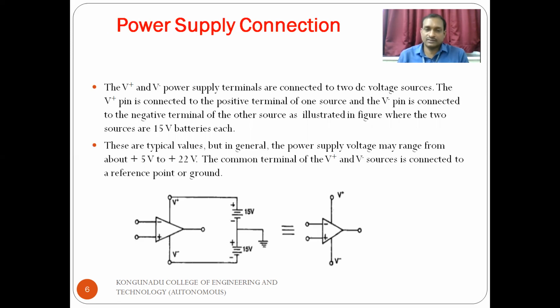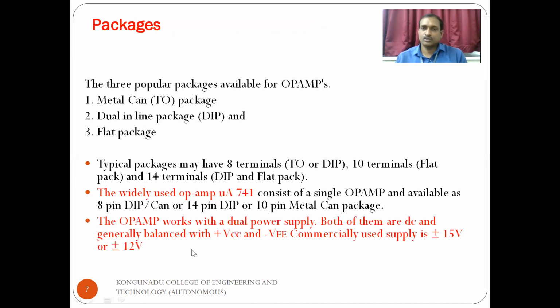Power supply connections: here we provide plus V to a plus 15 volt battery and minus V to a minus 15 volt battery. To power the op-amp, we need to provide the supply at pins 7 and 4. Three different packages are available: metal can package, dual inline package, and flat package.